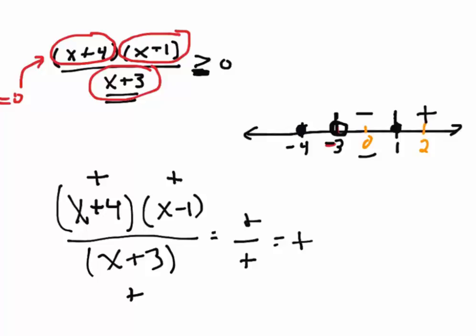Now, I won't probably take the time to do all 4, but maybe you might try something like 3.5, and you might check something like a -5. But if you do that, I'll tell you what you get so you don't have to watch me do it. This one comes out to be positive, and that one comes out to be negative.